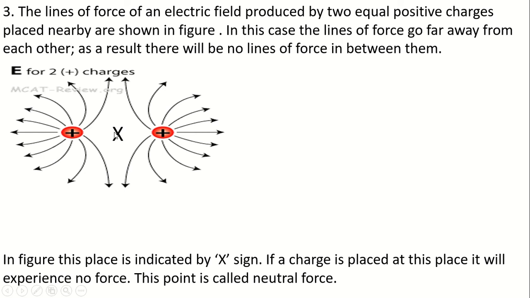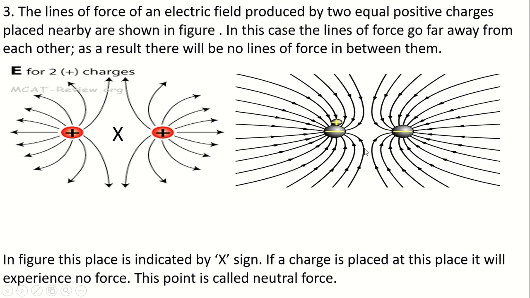If a charge is placed in this position, then that charge will experience no force, and this point is called the neutral point. And for the two equal negatively charged objects, the neutral point will be obtained at the middle.